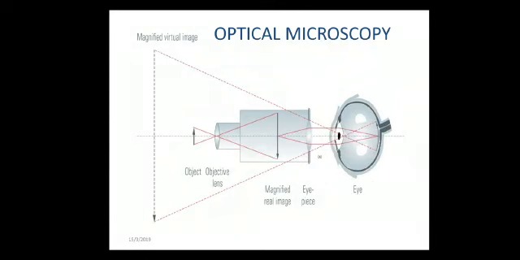As every machine has some advantages, it also has some disadvantages. Likewise, optical microscopy has some disadvantages. A high level of magnification cannot be achieved using optical microscopy.